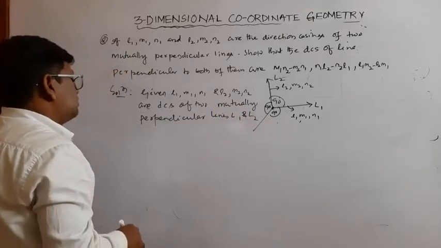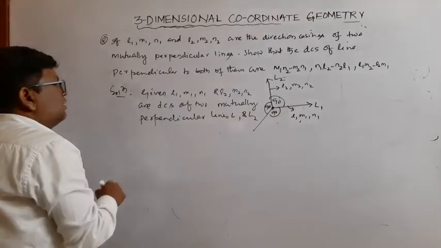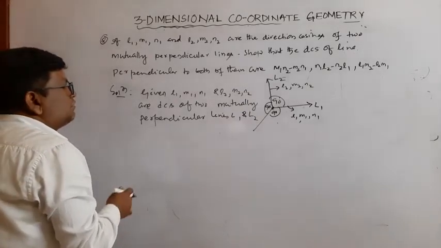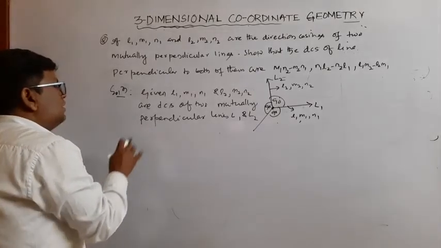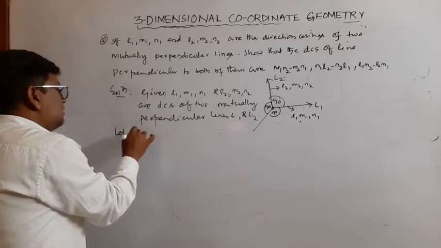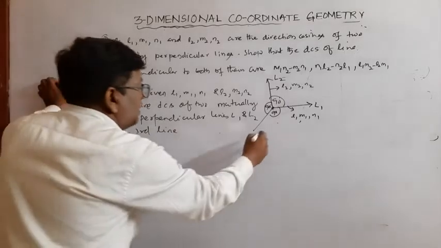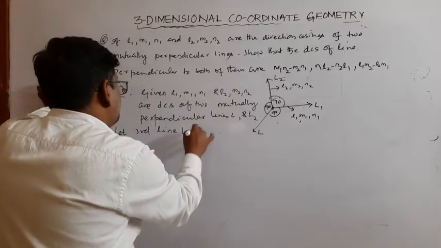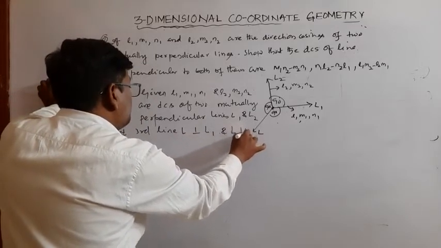So according to the condition for perpendicularity, the angle between L1 and L2 is 90, that is L1 is perpendicular to L2. Okay. So let the third line, suppose this is the third line L, be perpendicular to L1 and L perpendicular to L2.